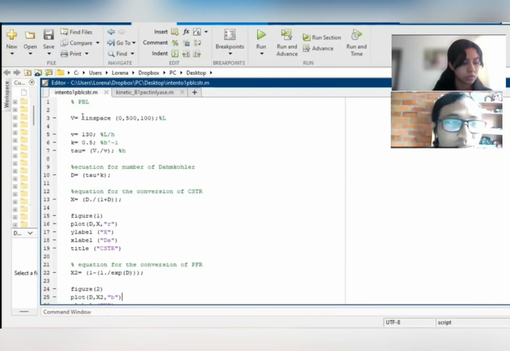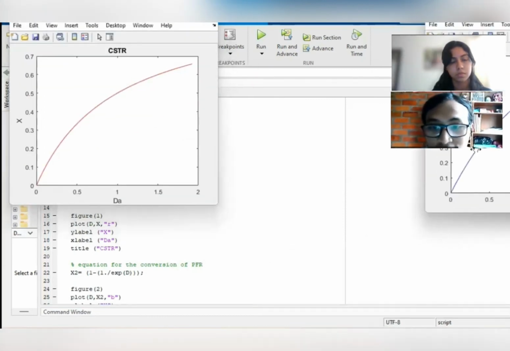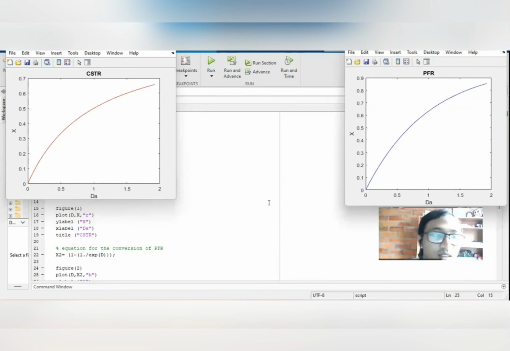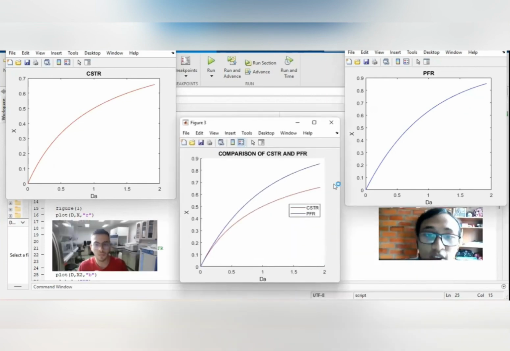Here we have the code, where the volume is the only variable that will change, and when we run the code, we obtain the CSTR graphic and the PFR graphic. The purpose is to indicate what volume of the reactor will be needed to reach or approach a conversion of 100%, and here is the graphic of both reactors.